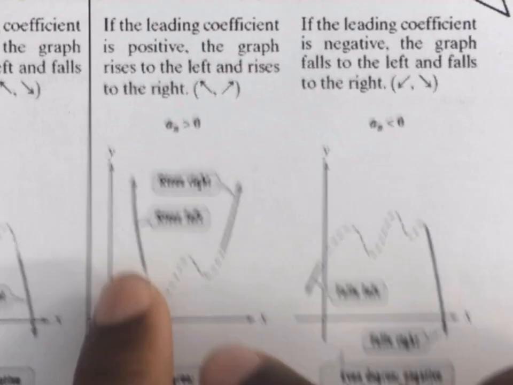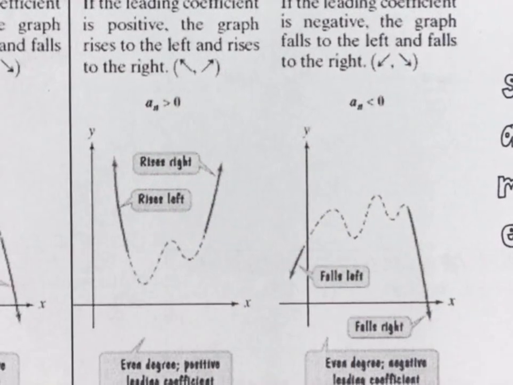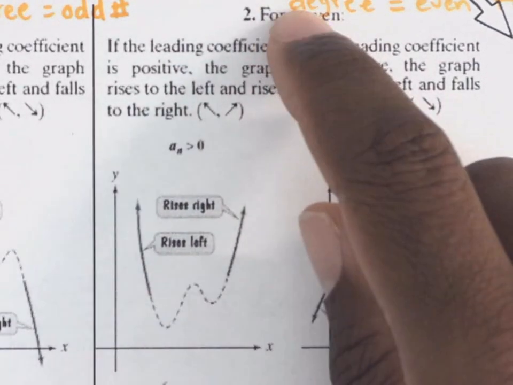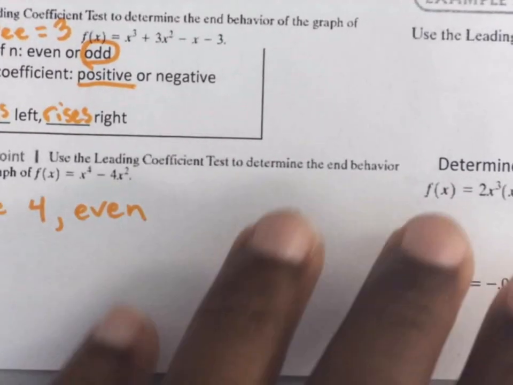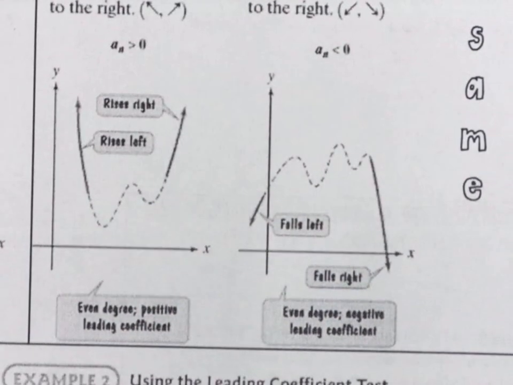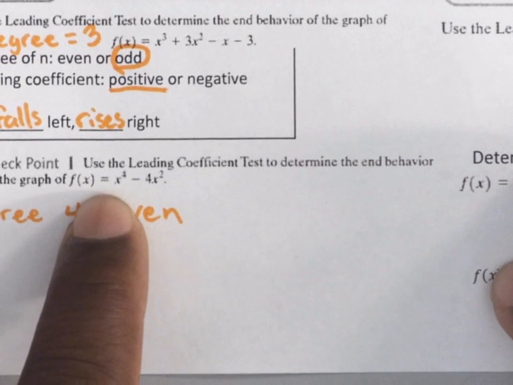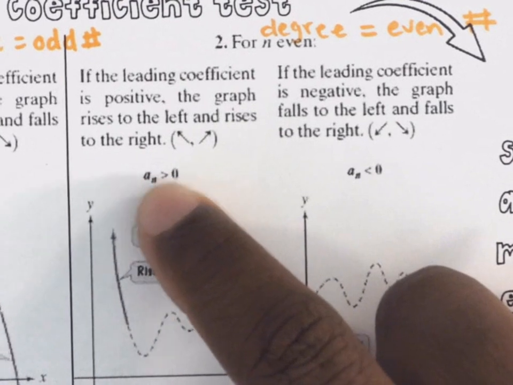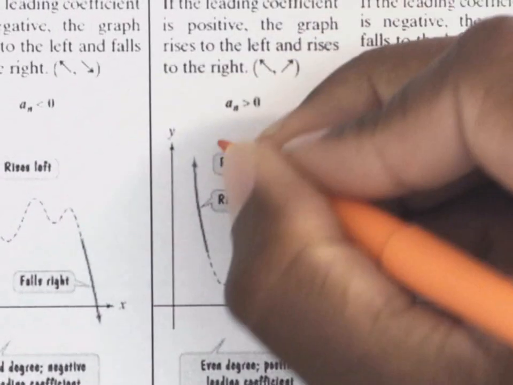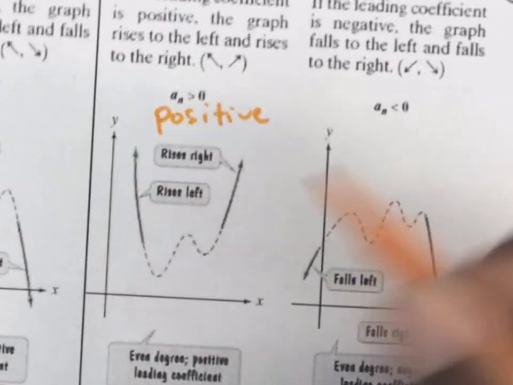So when it's even, the ends go in the same direction. Either rise, rise, or fall, fall. Everybody okay with our two options because it's even? All right. Which one do you think we're going to go with? Falls, falls? Well, what kind of numbers usually will make it fall? Negative. What's the leading coefficient here? Positive 1. So when your leading coefficient a is greater than 0, or if it's positive, it's going to rise, rise.